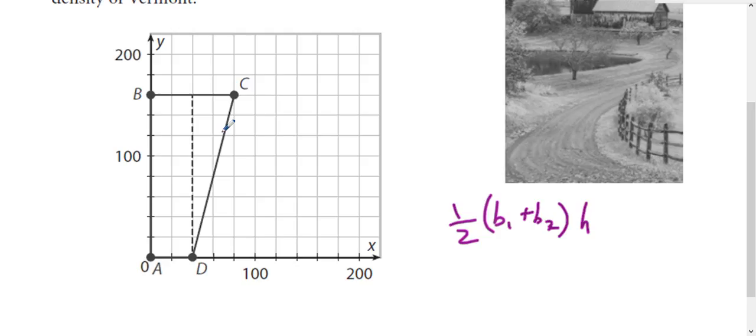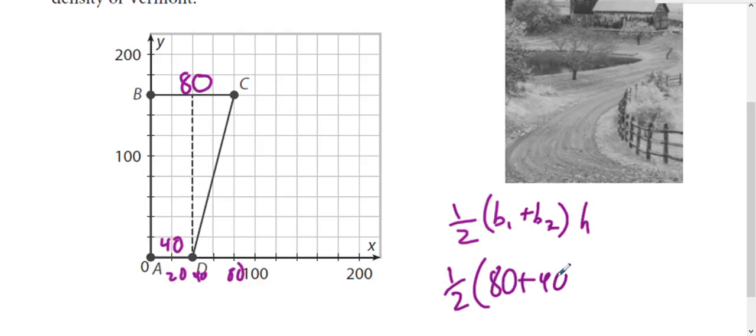It doesn't matter. So first, one of the bases here, what are they counting by? 20s. So this is 80. So this base has a length of 80 miles. This base has a length of 40. 80 plus 40.